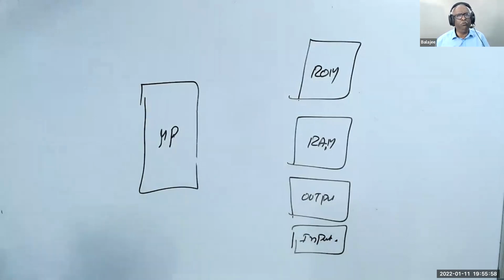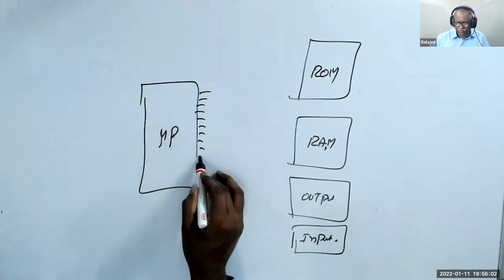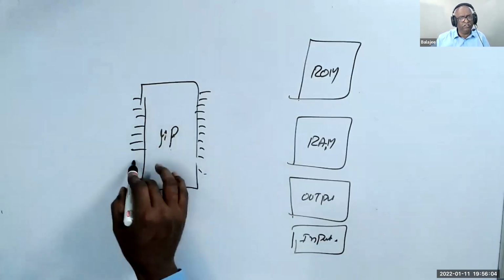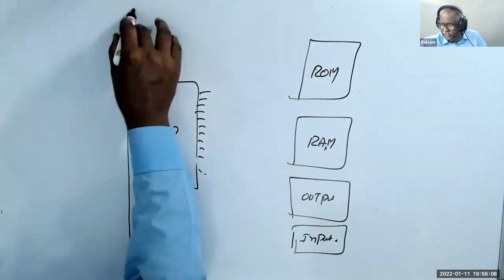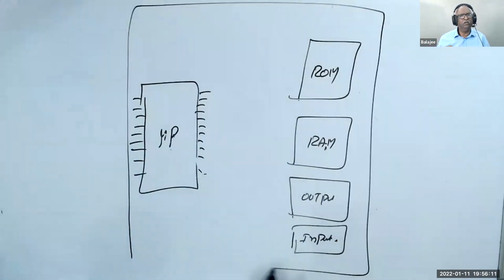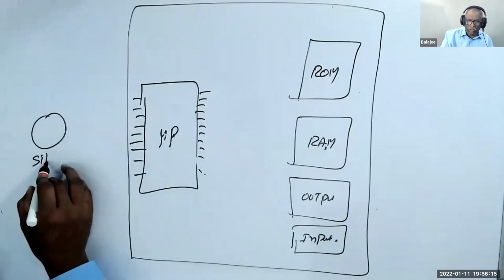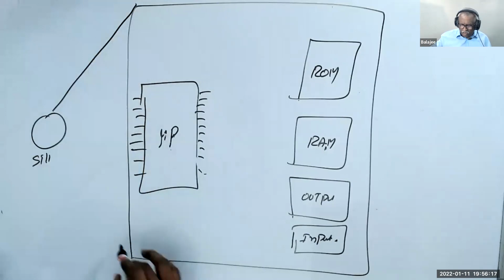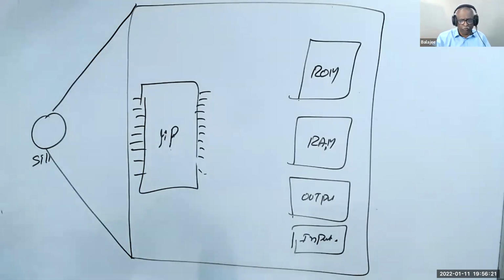Now what people did was, these are all separate ICs, one time when we were studying in college. Suddenly what happened? They put all of them in a single IC. Everything on a single IC, single silicon. It's magic. They put everything in the silicon.